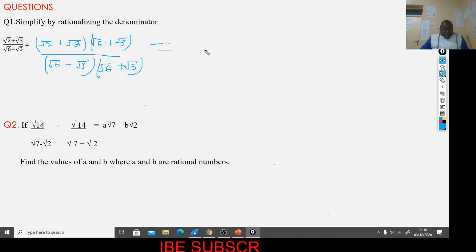If we expand this, we will get root 2, this first one, into brackets of all this, root of 6, plus root of 3, this one, then plus, because there is this addition, plus root of 3 into brackets, all those, that's root 6.